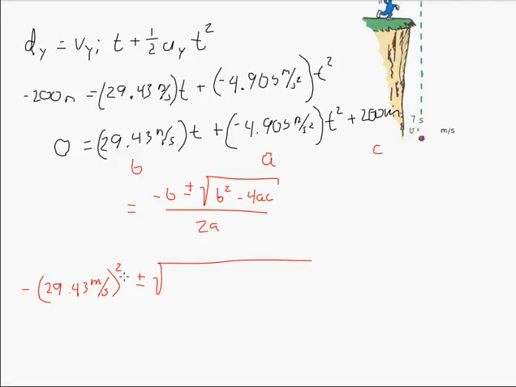This first one's not squared, I'm sorry. I'm just going to get my eraser out. There's where my b squared comes in, sorry. 29.43 meters per second, and this time it's squared. Minus 4 times AC, so that's negative 4.905, or sorry, why did I put a 0 there?